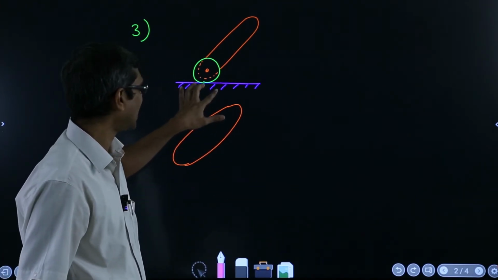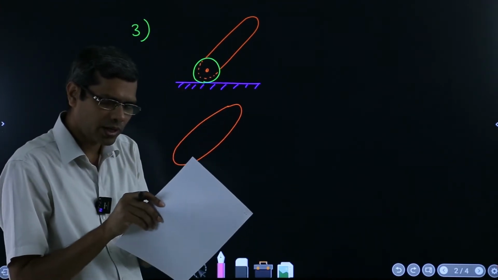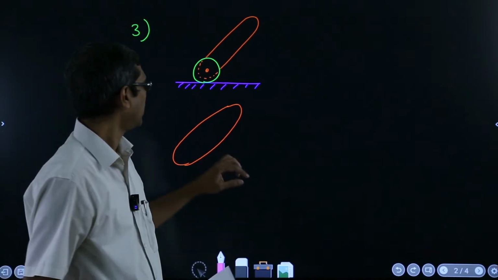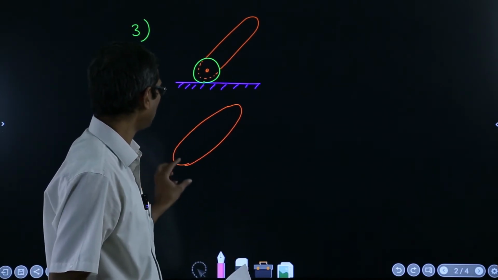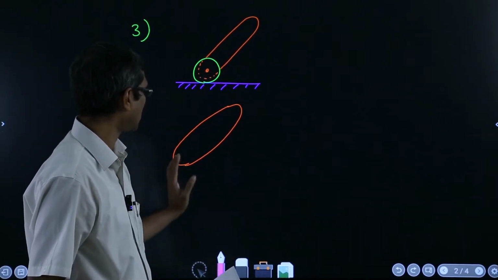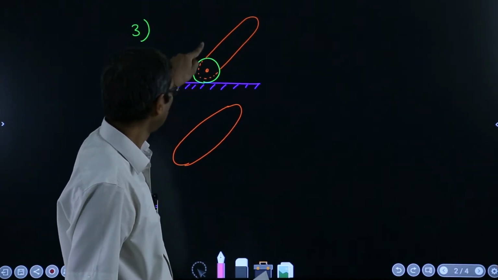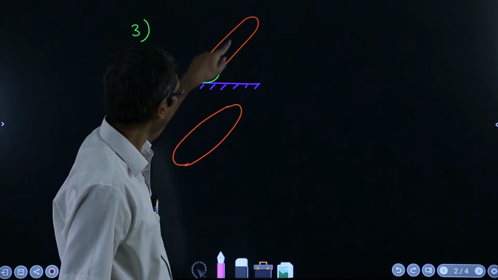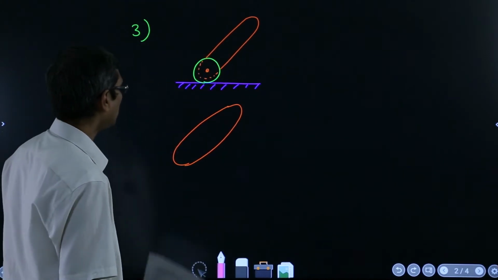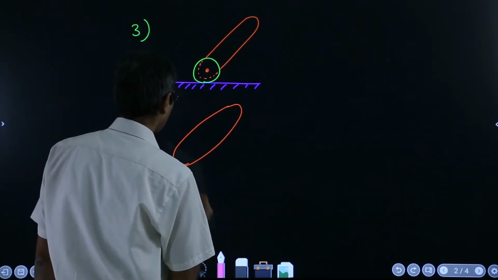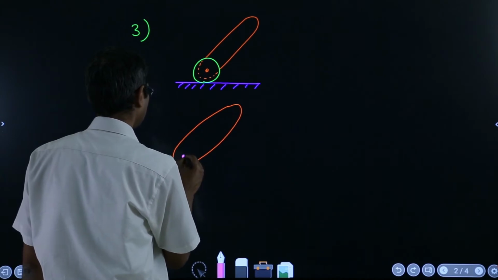Basically you want to detach from the ground by removing the connector also, and thereby you are trying to replace this whole connector plus ground with the force which was getting transmitted from the ground through the connector on the body. Now that will come like this.